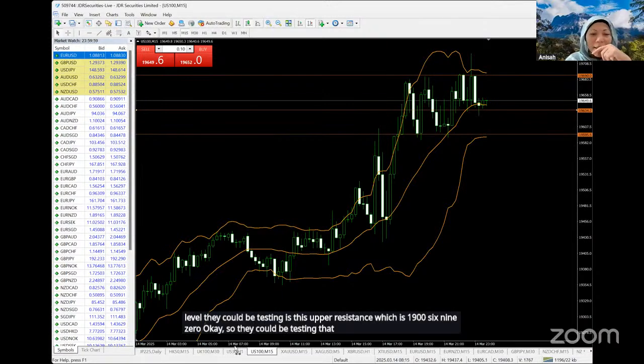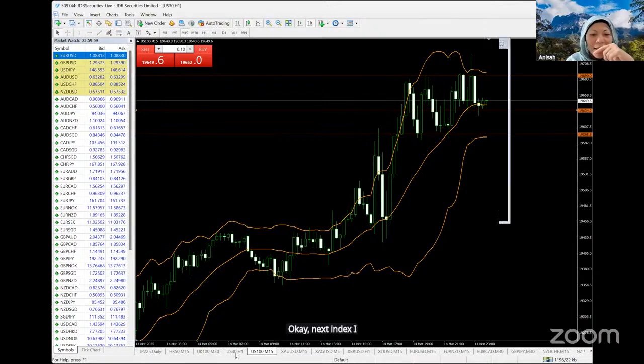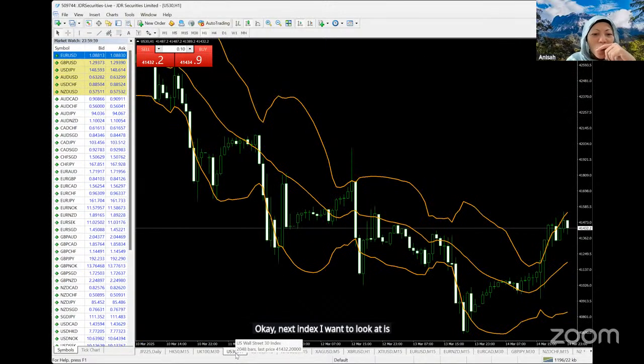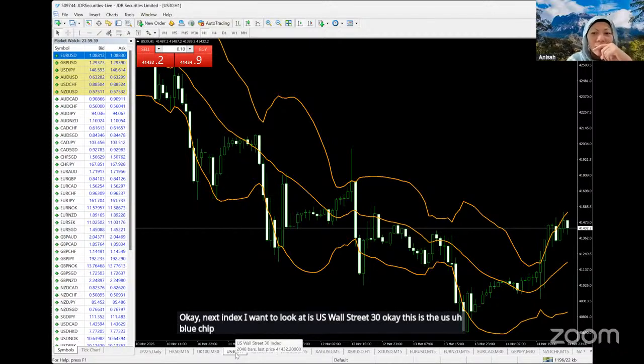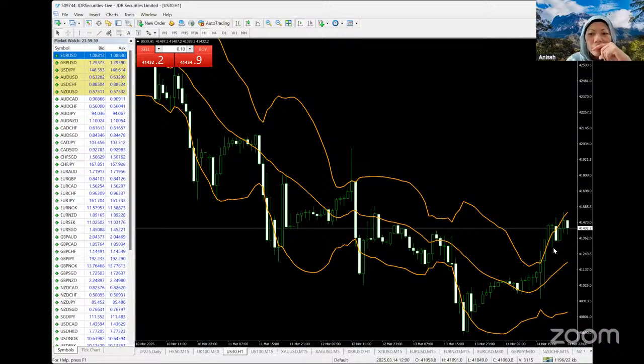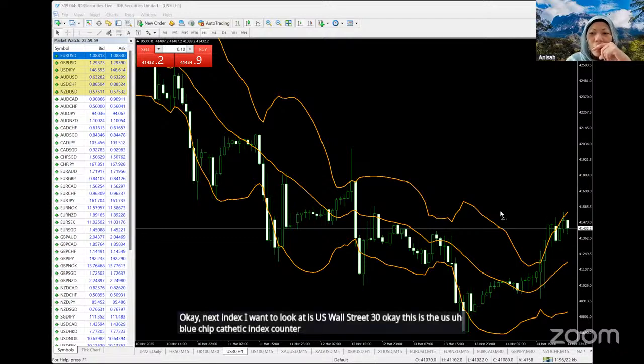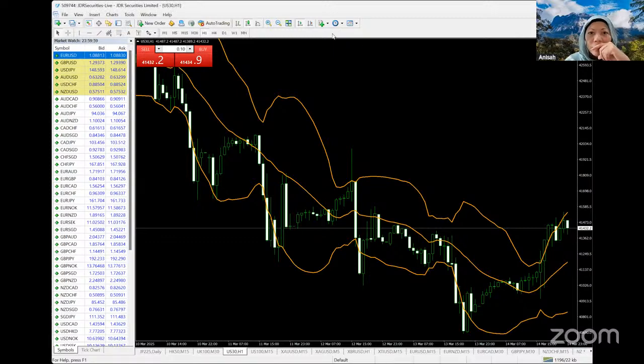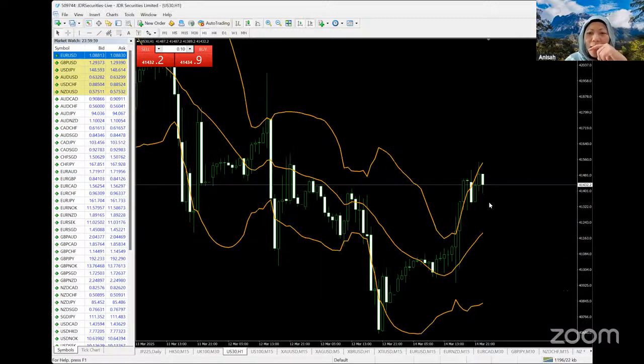Next index I want to look at is US Wall Street 30. This is the US blue chip 30 index. As you can see, the current price is 41,432.2, which is the lowest low.